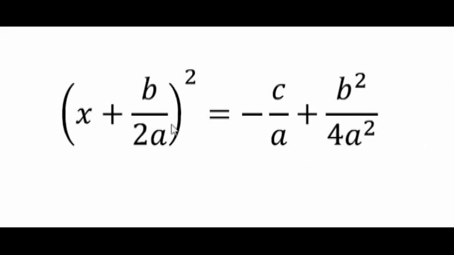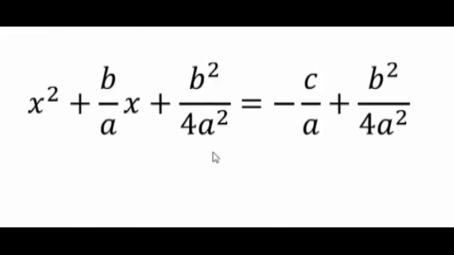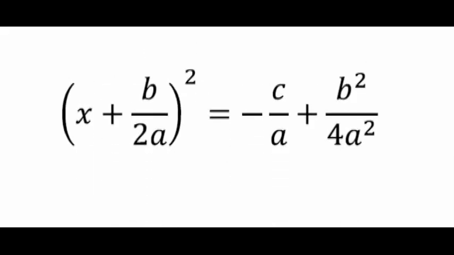So for the left-hand side, let me back up one step, recognizing that this is in that form of x squared plus 2nx plus n squared that we showed before, we can say, oh, well, this is simply x plus b over 2a quantity squared, okay, x plus b over 2a, the whole quantity squared.